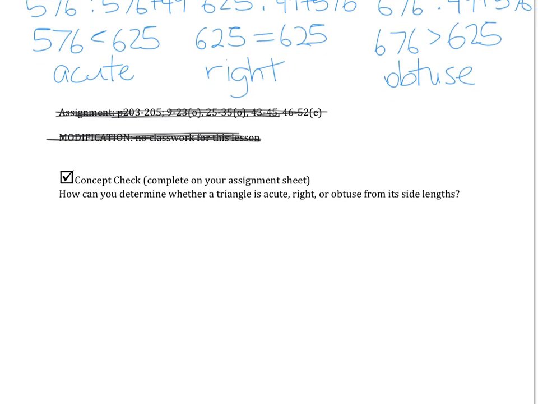Concept check. How can you determine whether a triangle is acute, right, or obtuse from its side length?